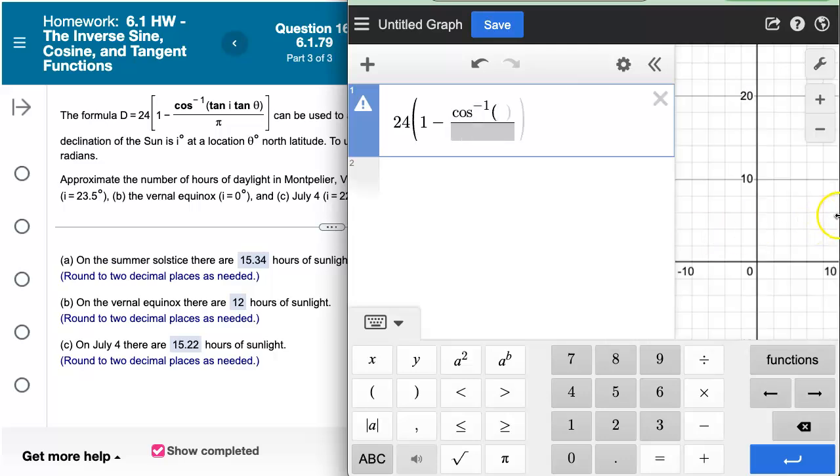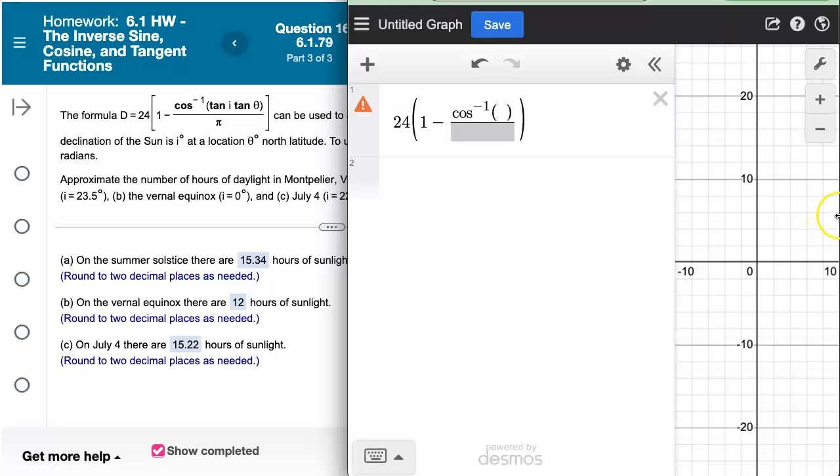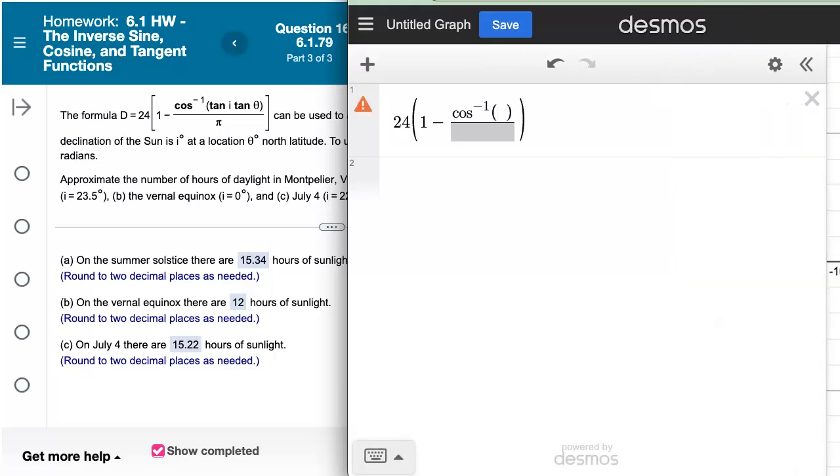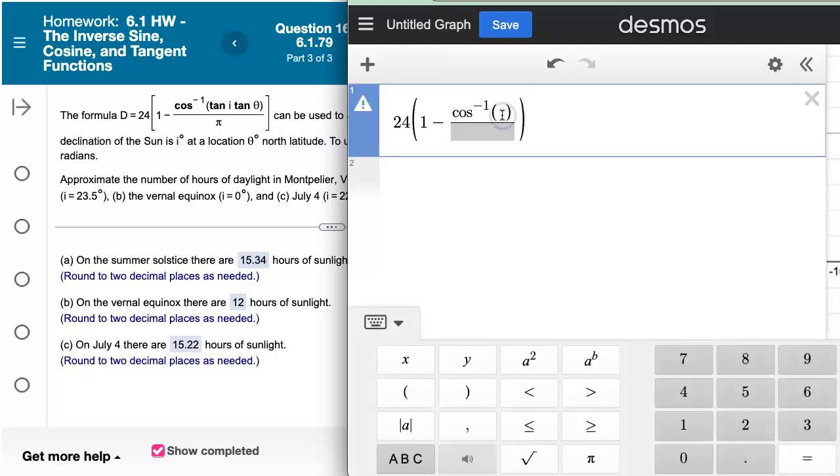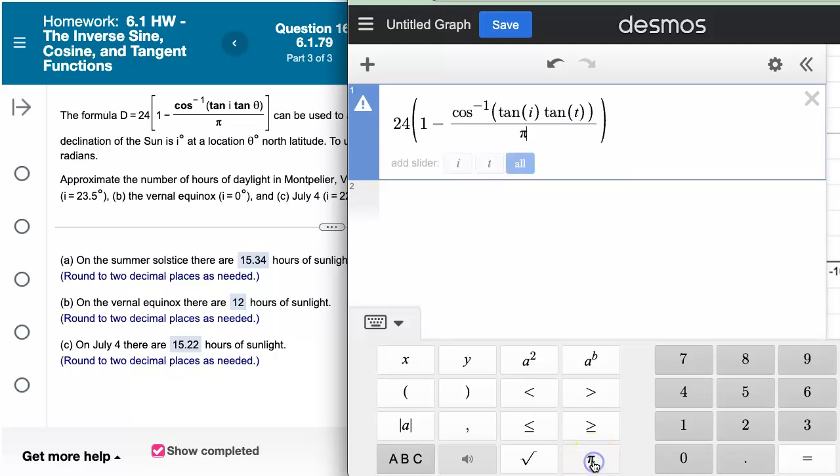But again, you could type it in as well. So let me move that back so I have some more space. And I'm just going to type in exactly what I see. I'm not sure if theta's up here somewhere, so I'm just going to use T. And then the pi symbol is down here in the keyboard as well.